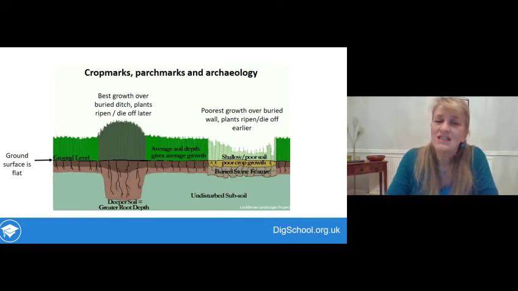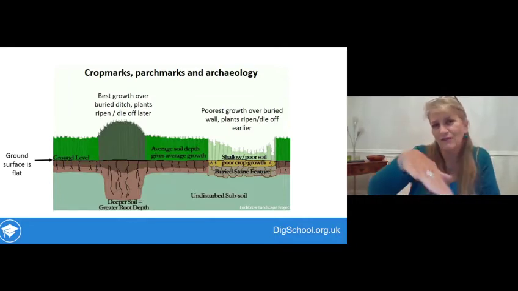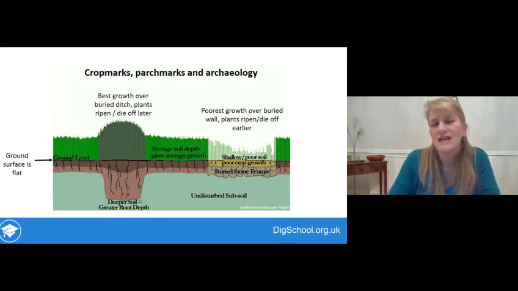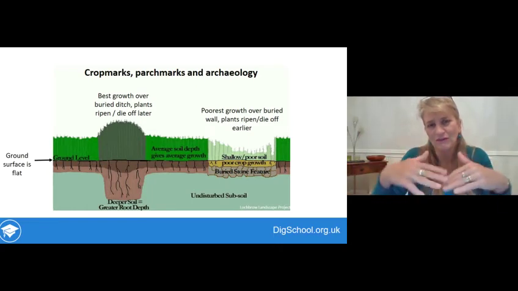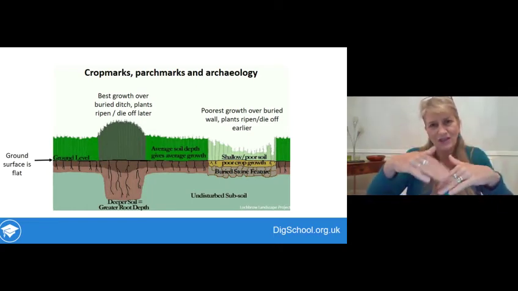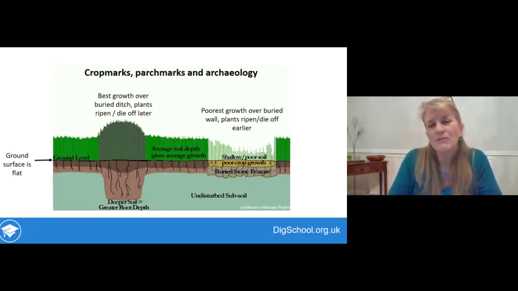So you can see in this diagram that where there's a deeper depth of soil, where there's been a ditch cut, for example, or that drip gully from the Iron Age roundhouse, where soil has drifted into these cut features as they filled up, that provides more moisture and more nutrients for the roots of anything that's growing there.